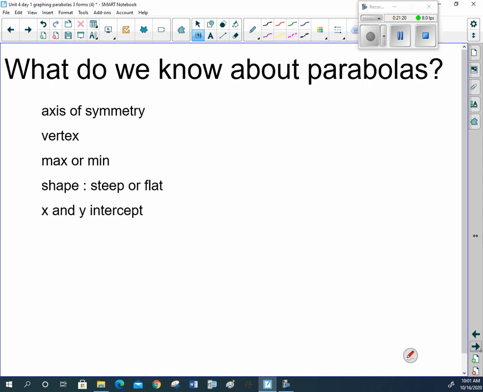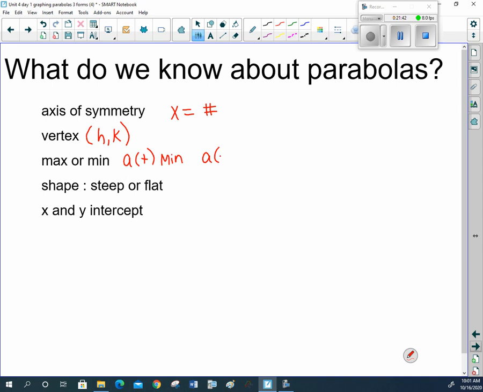So we know more about a parabola, but here's some of the things you know. Axis of symmetry is always going to be x equals a number. Your vertex is HK. If A is a positive number, you know you have a min.